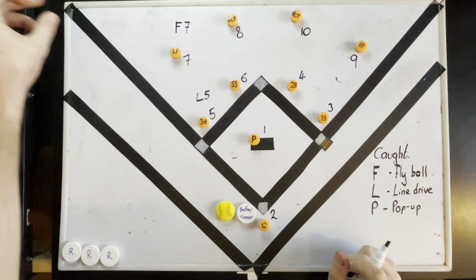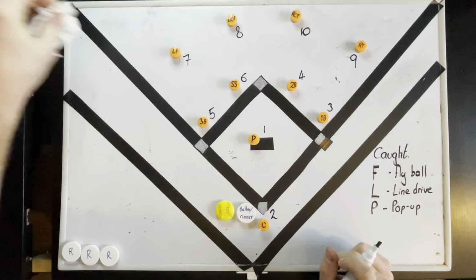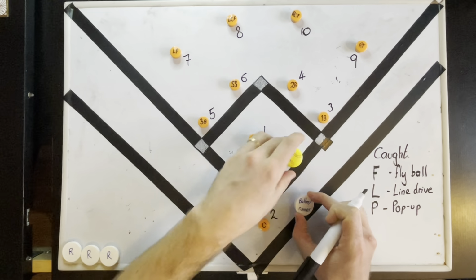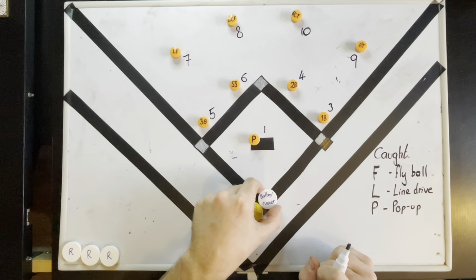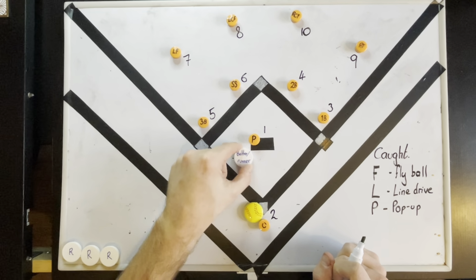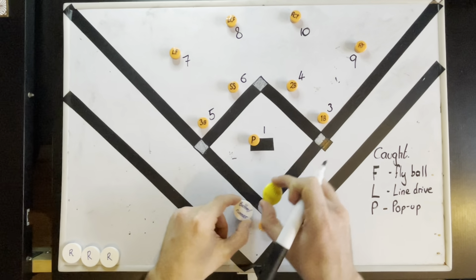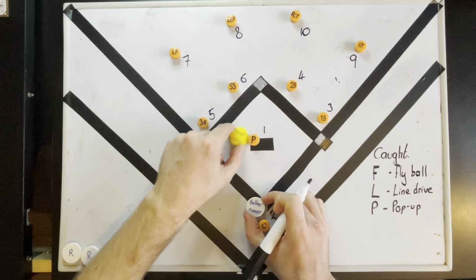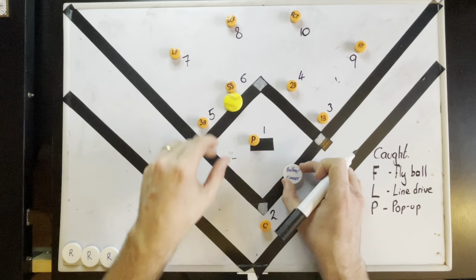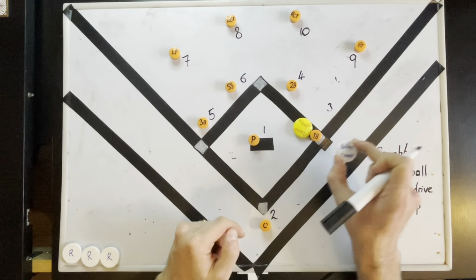So what about if it is not caught? What about if you have a force out at the play? In this instance, let's say the batter hits the ball on the ground and it goes to shortstop, and the batter runs around. The ball is fielded by shortstop, and then it's thrown across to first base, so the batter is out.